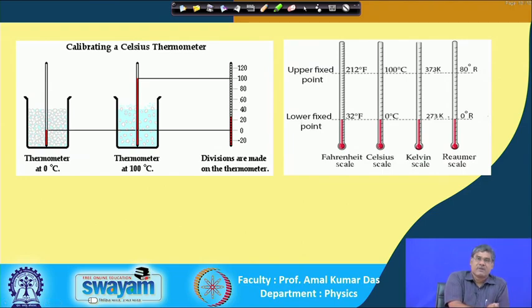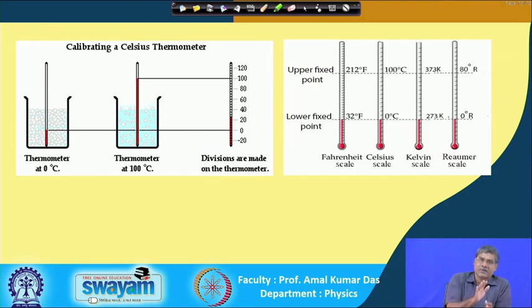As I mentioned, for a meter scale you need the standard length of 1 meter, then you can make divisions. Okay. So in this case also you need a standard temperature. Taking the help of standard temperatures we can make a scale, such as the ice temperature.